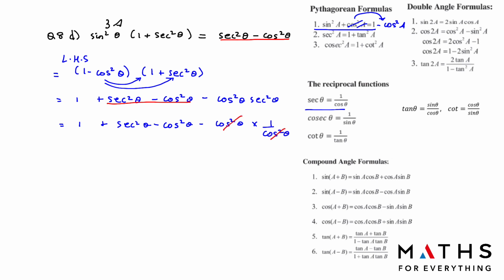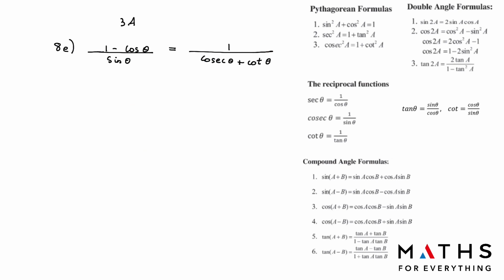This will cancel out the cos square theta, leaving us with 1 plus sec square theta minus cos square theta minus 1. 1 minus 1 is cancelled. Now we have sec square theta minus cos square theta, which equals our right hand side.